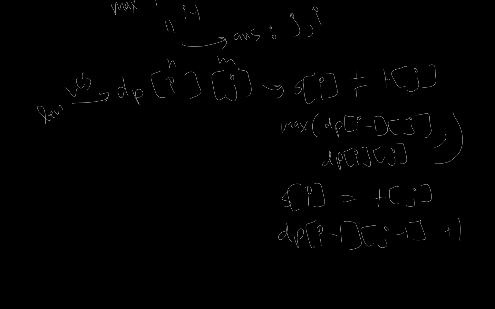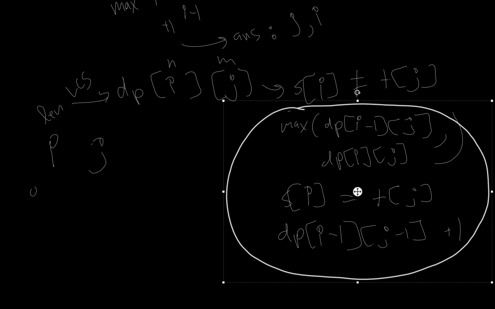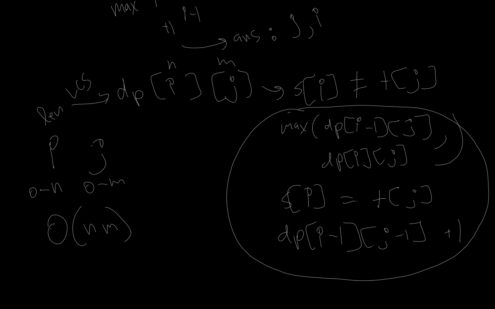So this is our DP relation, and all you have to do is loop through every single combination of I and J, so this would be 0 to N, 0 to M, and your complexity would be O of NM, which is under the time limit. So I hope this made sense. It's one of the classical DP problems. Thank you for watching, and I'll see you in the next video.